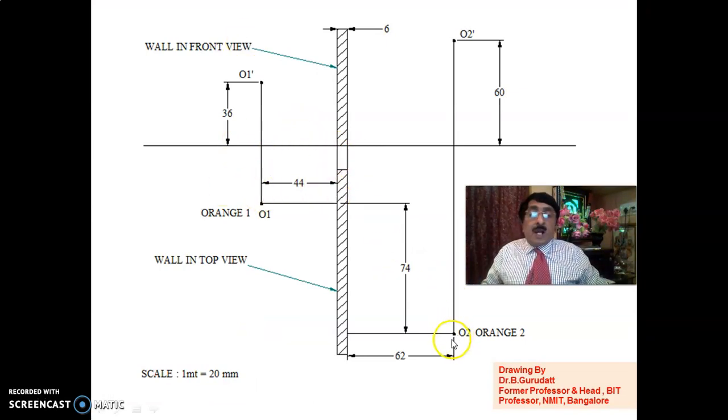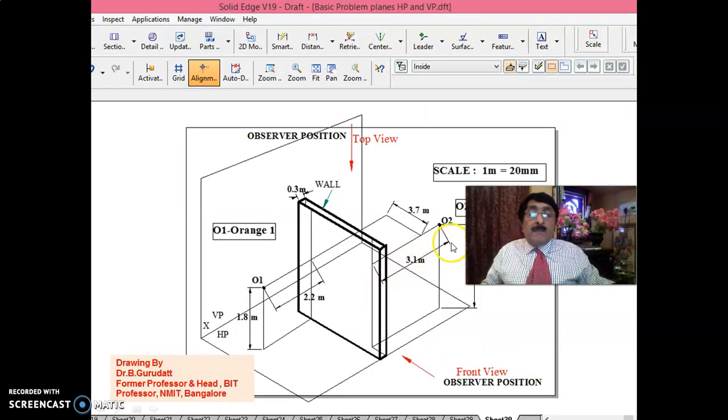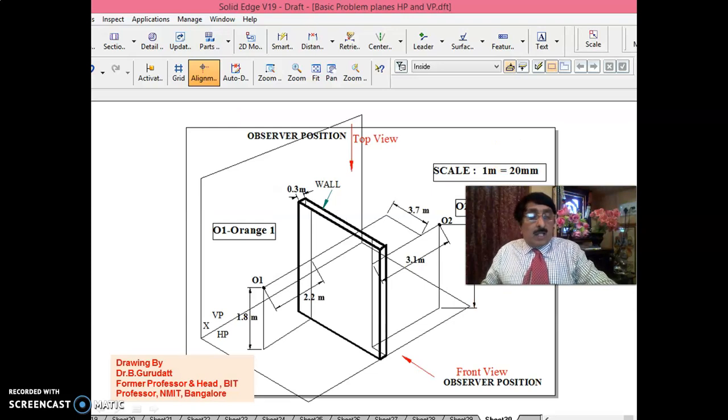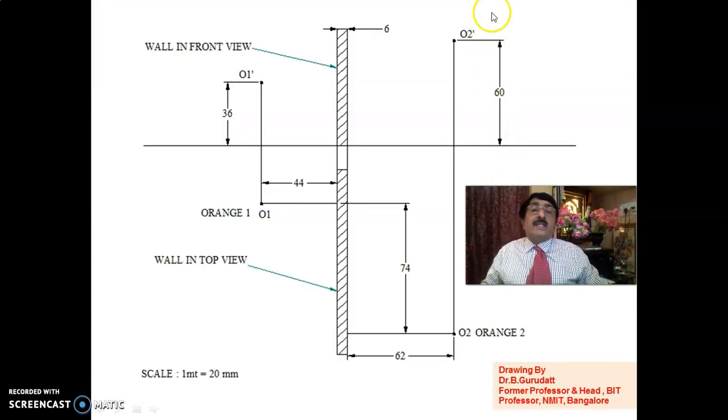Okay, in the same way, orange 2, if you observe, it is 3.1 meters from the wall and 3 meters above the ground. Okay. 3.1 meters means it is 62 mm from the wall. And 3 meters above the ground means it is 60 mm above the ground. But while doing, you see that the distance between the oranges O1 and O2 measured parallel to the XY line, measured parallel to the wall, is 74 mm.